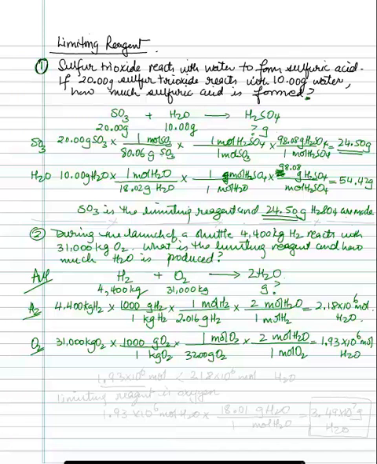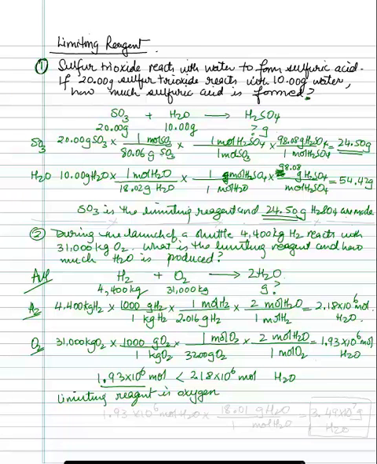So now I look at both of the numbers and I see that 1.93 times 10 to the power of 6 moles is less than 2.18 times 10 to the power of 6 moles of water. So which means that my limiting reagent is oxygen, because that is giving me fewer moles of water produced.